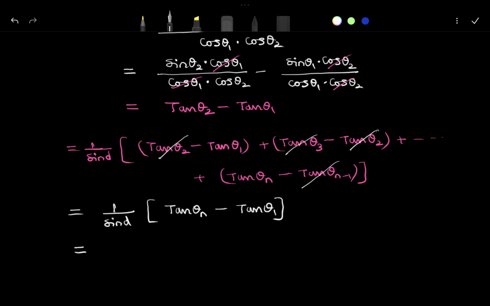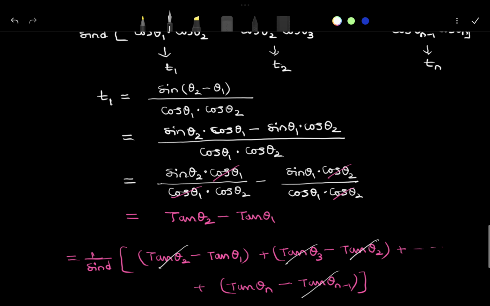What is the value of 1 by sin d? 1 by sin d you can write as cosecant d. So this is cosecant d into tan of theta n minus tan of theta 1. So this is similar to the above question.